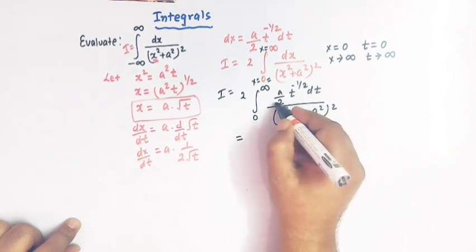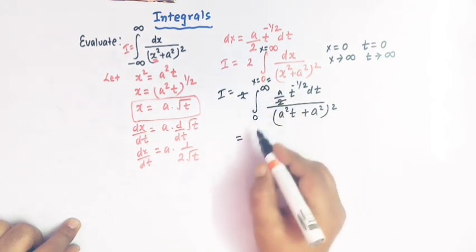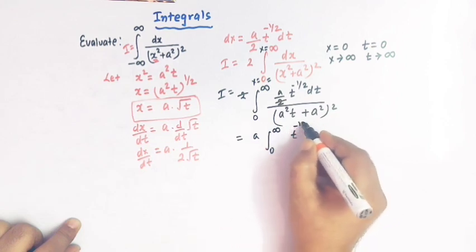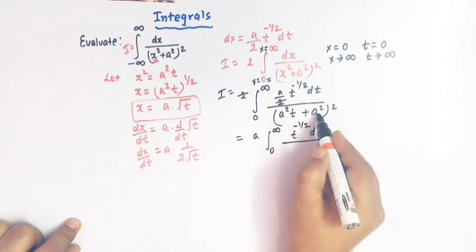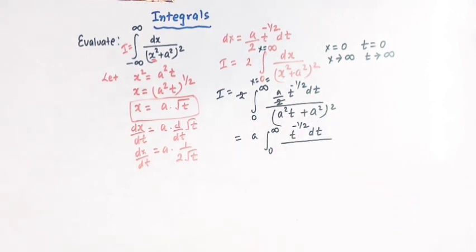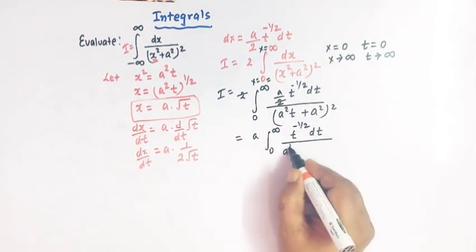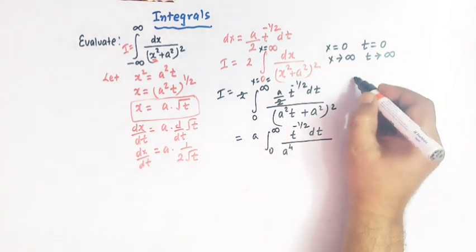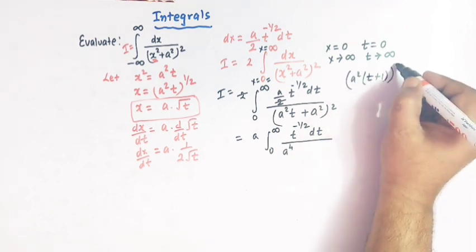Now this 2 and this 2 get cancelled, and we can take a outside the integral. So we have the integral from 0 to infinity of t raised to minus half dt, and here we can take a square common. When we take a square common, we get a raised to 4, because we have a square whole square. So we have a square times (t plus 1), whole square.